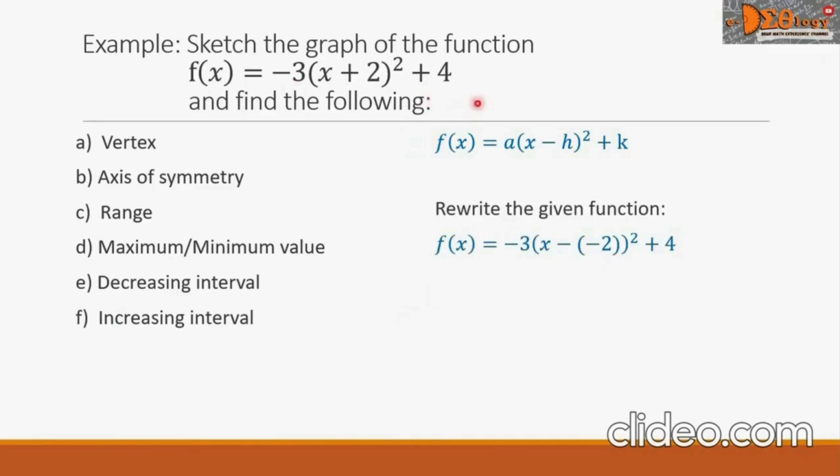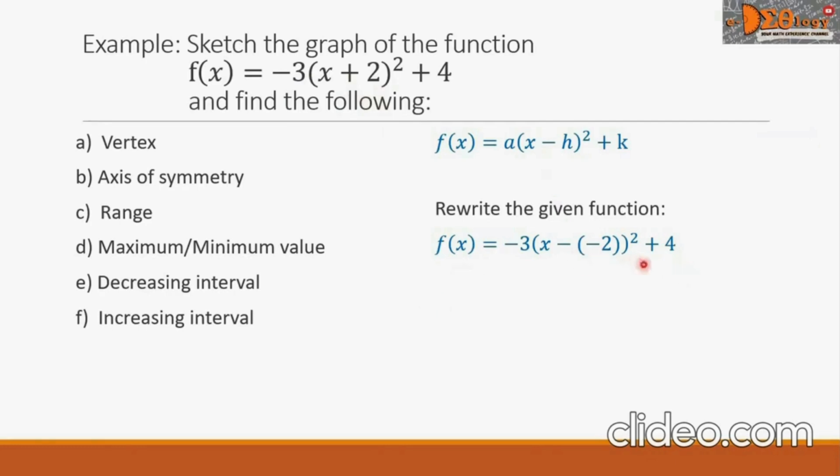We are going to copy exactly the same, except in this plus 2. Since the standard form is written minus h, we are going to rewrite this plus 2 into minus of -2. And the rest of the function will be the same.